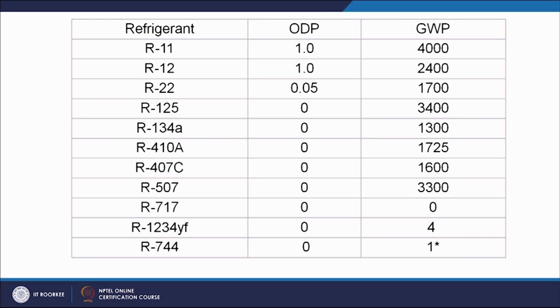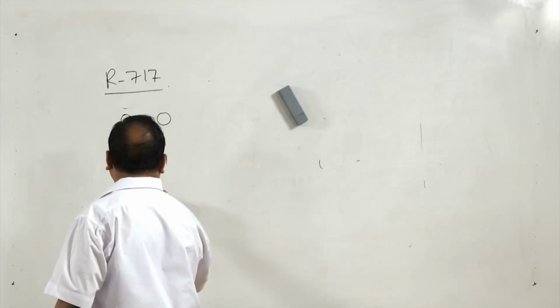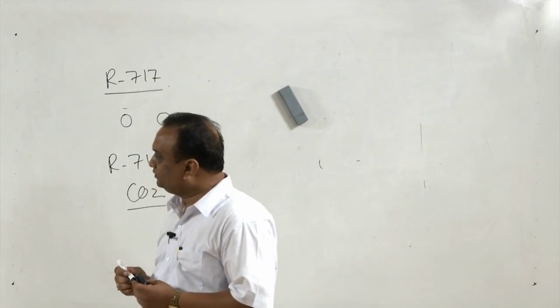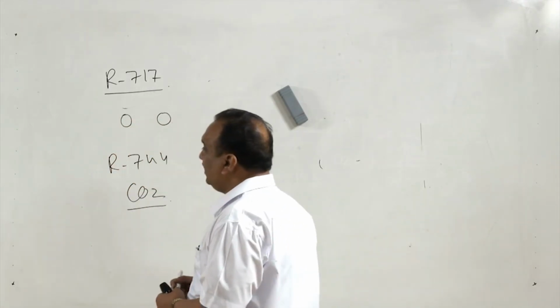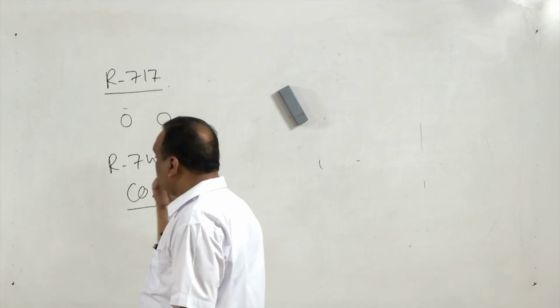Now, in many areas, the use of R744, which is carbon dioxide, is explored. The global warming potential of carbon dioxide is 1 only and ODP is 0.